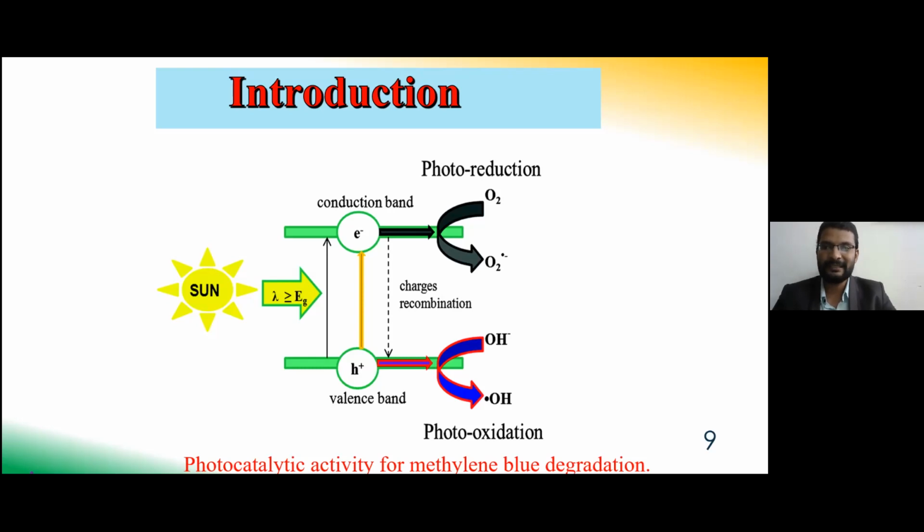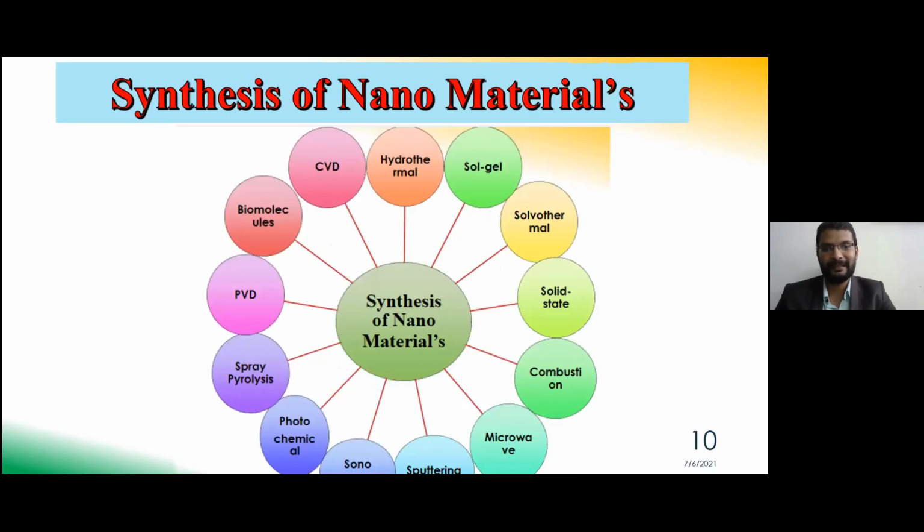So I try to synthesize such photocatalytic materials, stable in the environment chemically and biologically. The photocatalyst should absorb light up to its band gap or more than that band gap, which can be tuned by different methods.